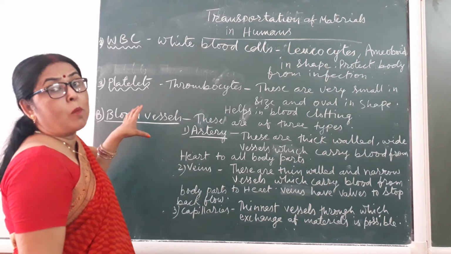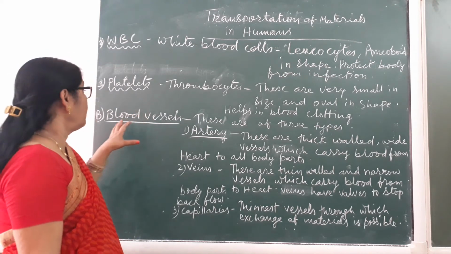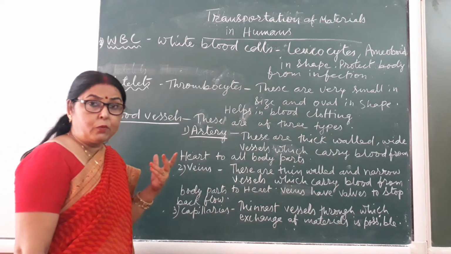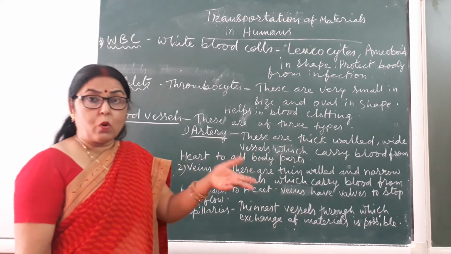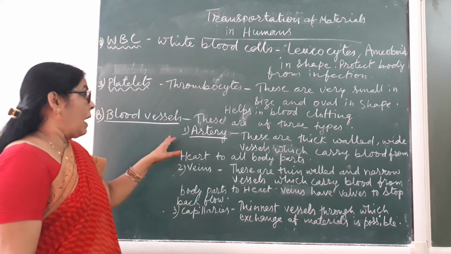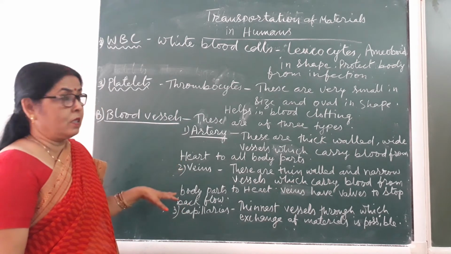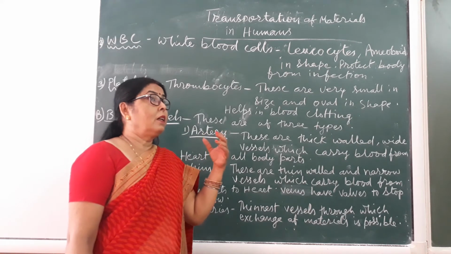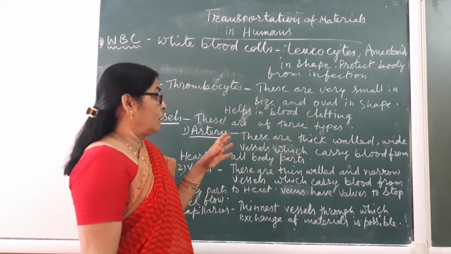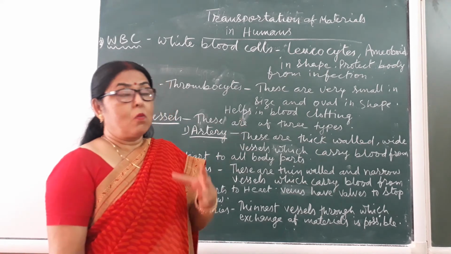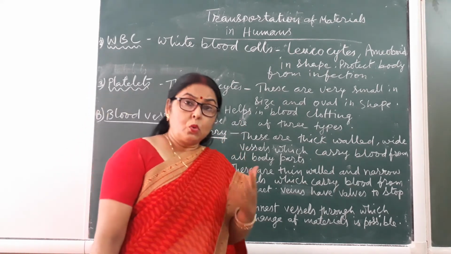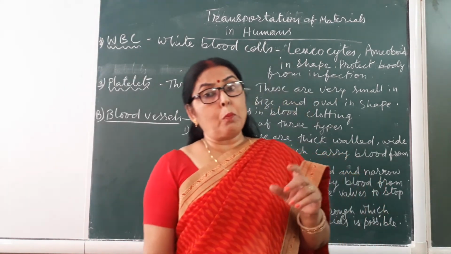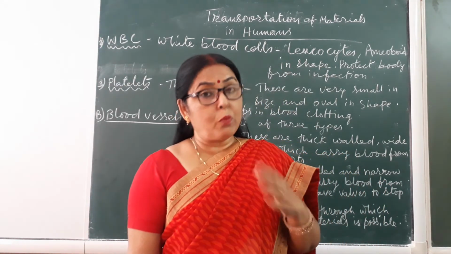Now the second component of the circulatory system is blood vessels. As we know, blood is a liquid fluid, so it needs a vessel to flow through our body. And we have three types of vessels. First one is the artery. The artery is a thick-walled, wide vessel through which oxygenated blood or pure blood flows.